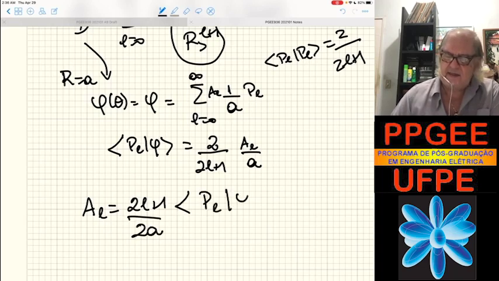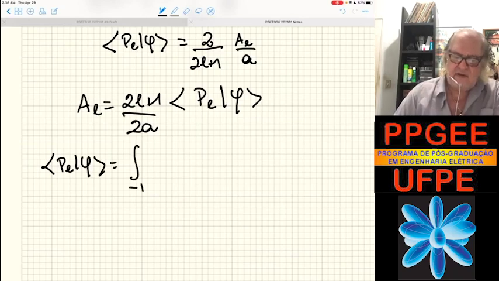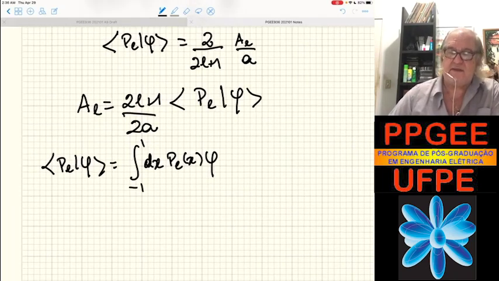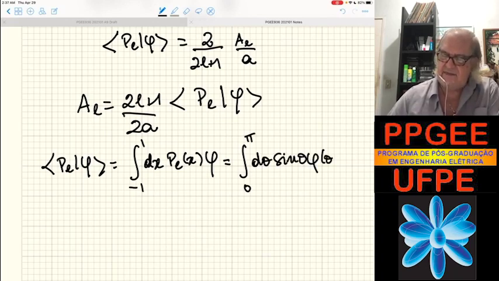And we have to calculate this integral. In practice, how do you calculate that? Integral from -1 to 1 of dx, PL of x, phi, or if you want, integral from 0 to pi of d theta, sine theta, or better, PL cosine theta, phi of theta.